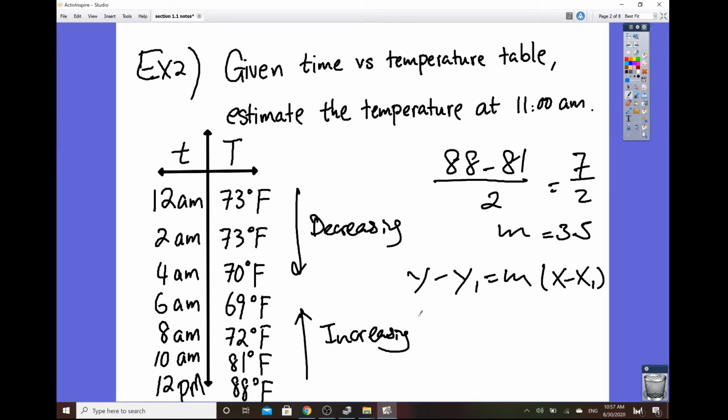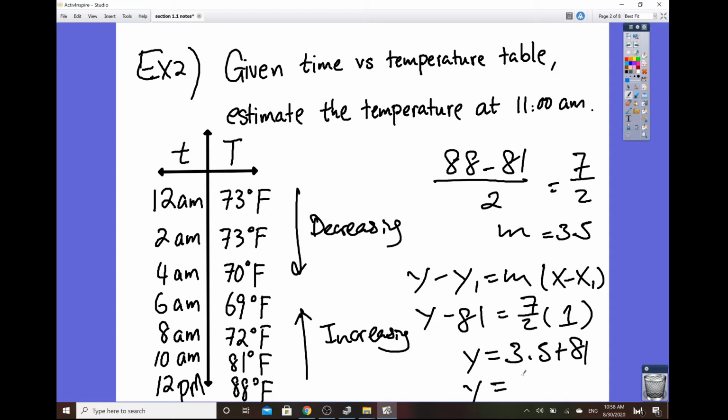So we start with y minus 81, the slope is 3.5 or 7 over 2, and x minus x1 is the time difference between 11 a.m. and 10 a.m., which is 1 hour. So y equals 7 over 2, or 3.5, plus 81 degrees Fahrenheit. The temperature at 11 a.m. is approximately 84.5 degrees Fahrenheit. Okay.